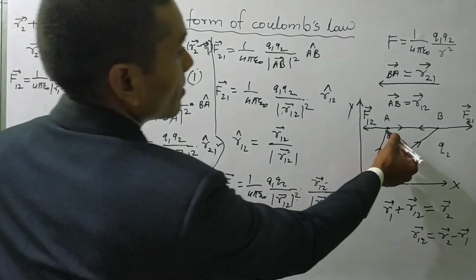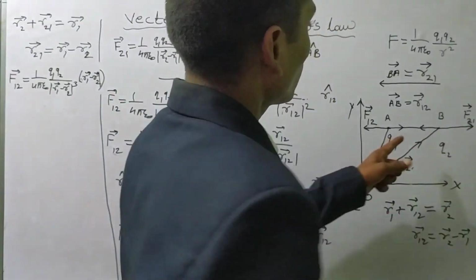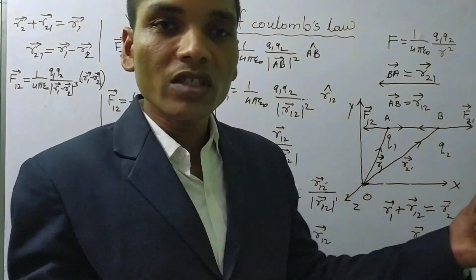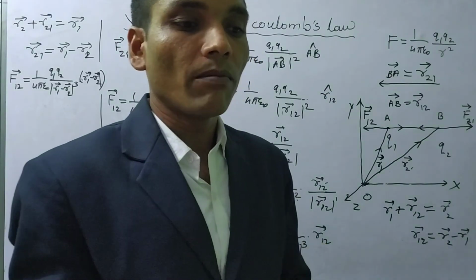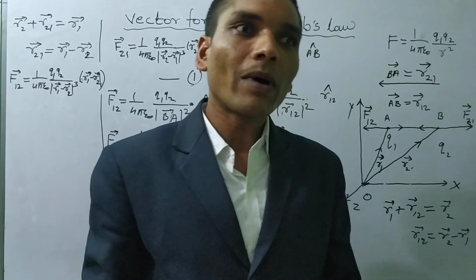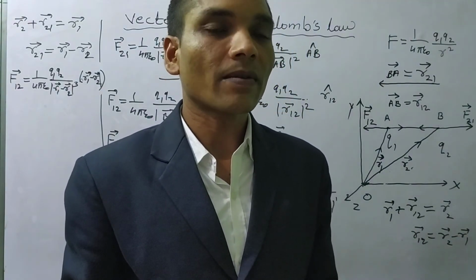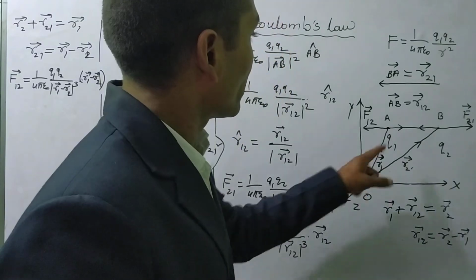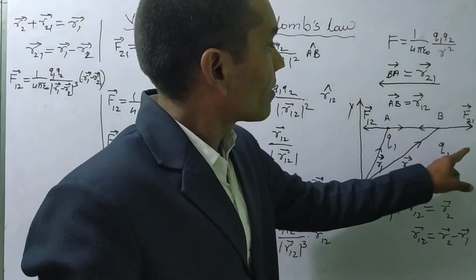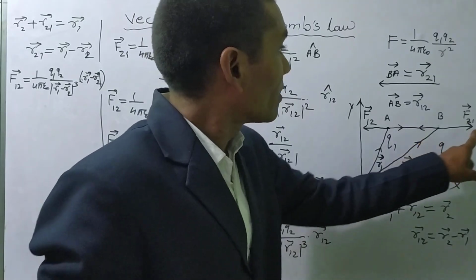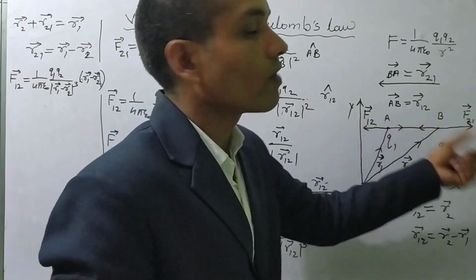But this is along this direction and this is along this direction, so these are in opposite directions, but they will be equal, because every particle exerts the same force. So Q1 will be exerted this force and Q2 will be exerted this force, and these will be equal.